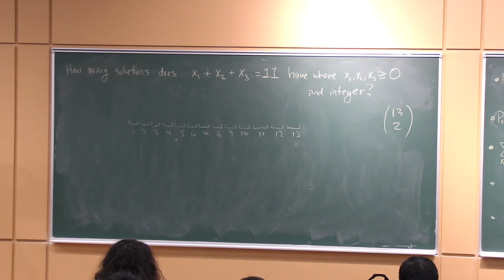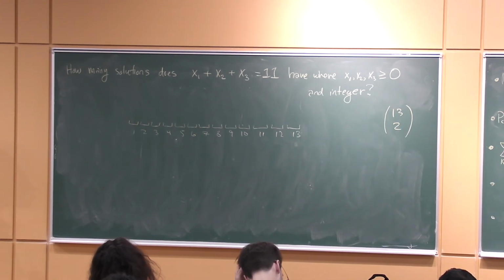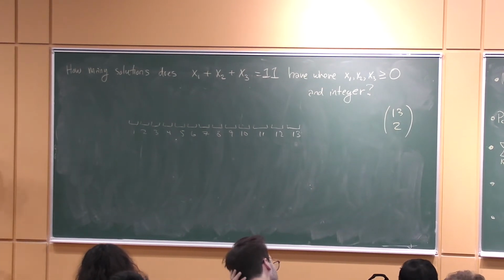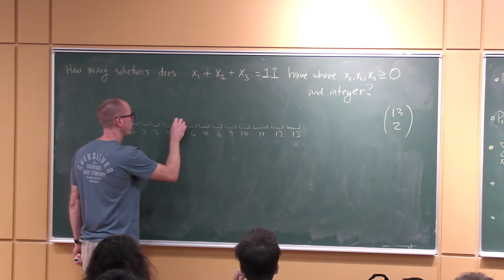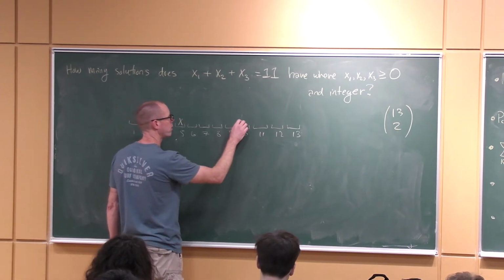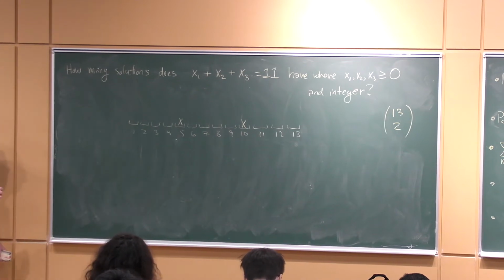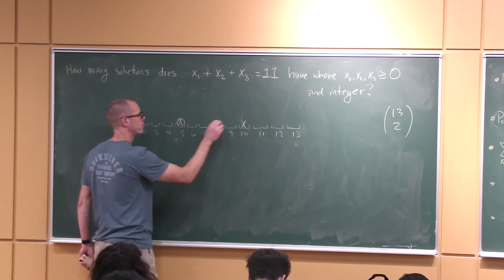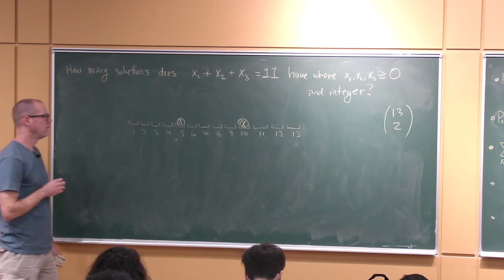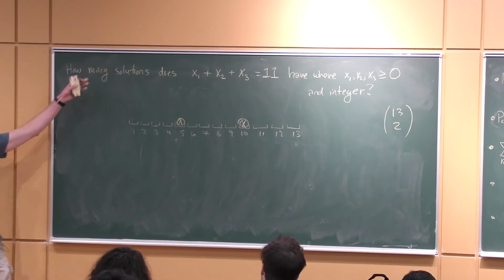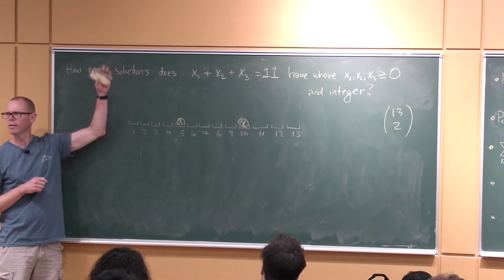Okay, so that's a set of size 13. And if I want a subset of 2 of those things, that means I pick 2 of them. So maybe I'll pick this one and this one. Somehow from those 2 that I picked, do you see a solution to this equation up here?